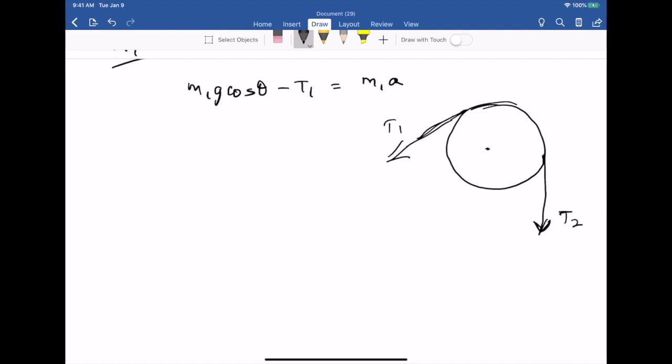These two tension forces are exerting torques on the pulley, and the friction also exerts a torque on the pulley. Fortunately, we don't need to calculate the torque exerted by friction because that's already given. We also have our sign convention that counterclockwise is positive.